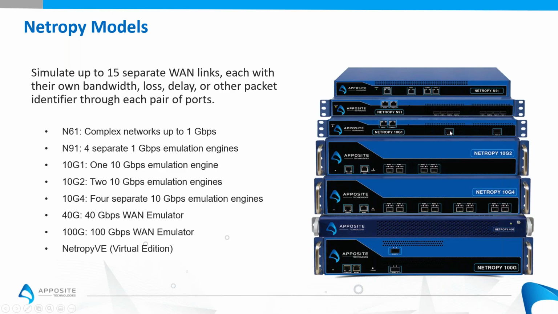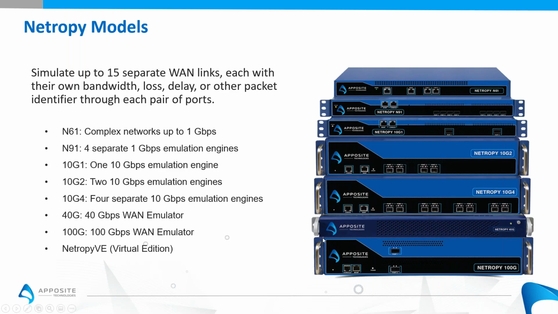We have our 10G1, which is another single engine unit, a 10G2, which is a 2 engine unit, and 10G4, which is 4 engines or 4 emulators that run 10 gigabits. And then we have a 40G, and then we have our 100G product.